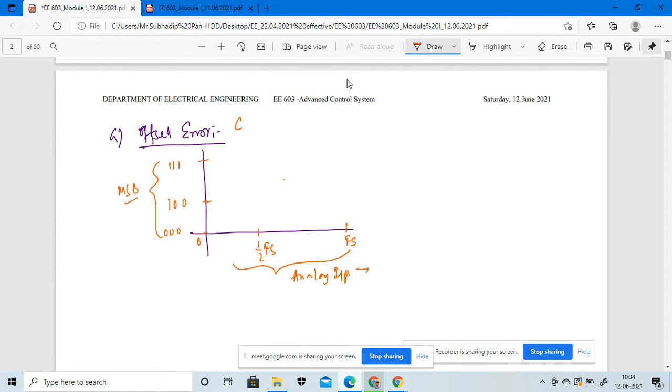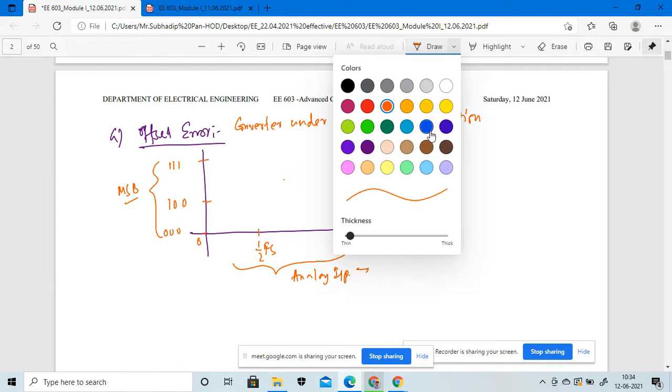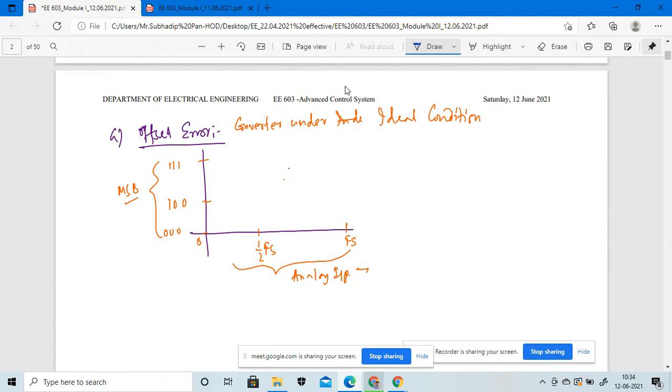So if the converter is under ideal condition, then what happens is, suppose this one is parallel to this particular line, right?